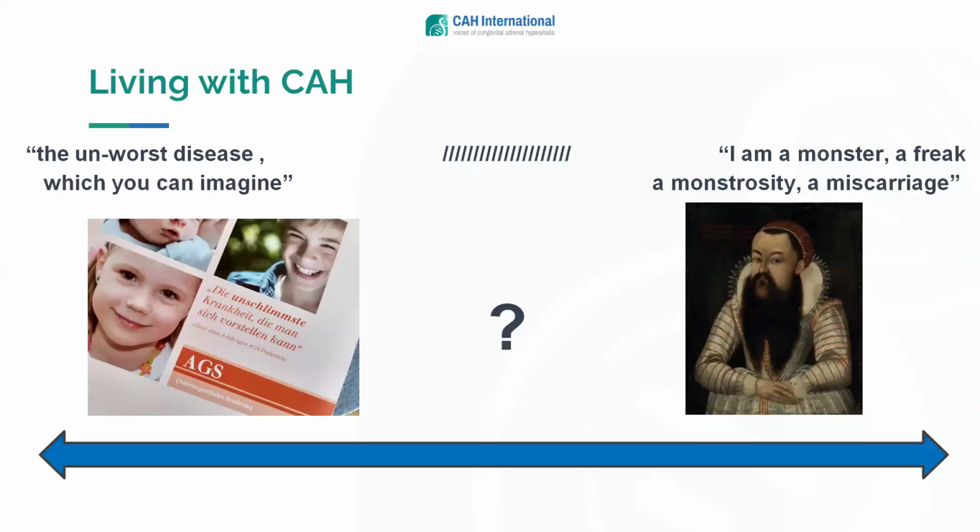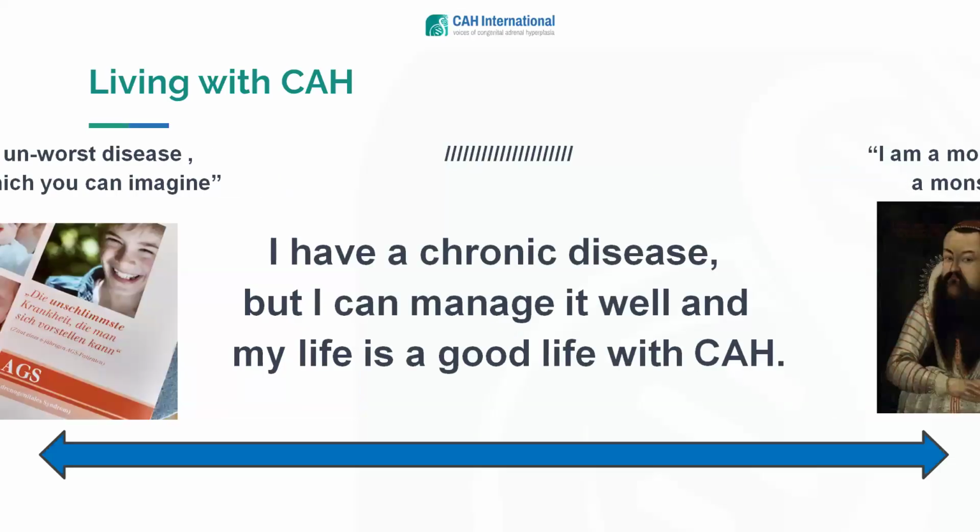And what I hope and aim for, and that's why I am in all this CAH work, is that we have to move those poles further. So I think saying it's an unworst disease is not realistic. For some it is, but nobody should feel otherwise.